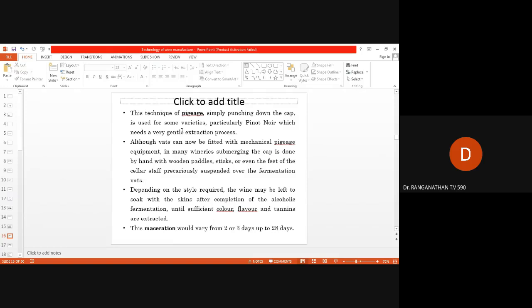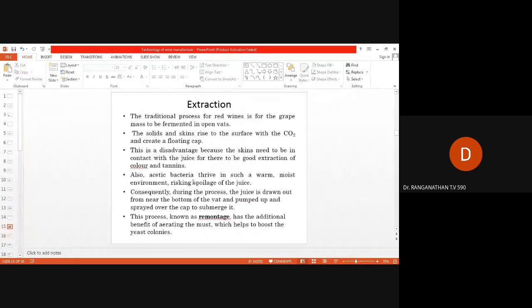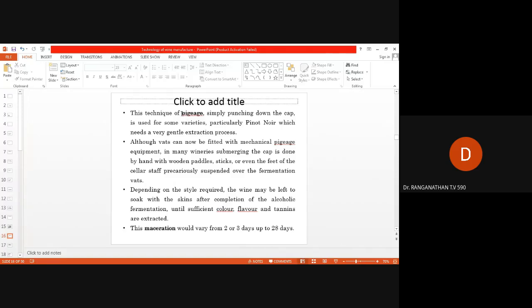Remontage is one method, that is, pumping from the bottom to the top and wetting, or recirculation in our conventional term. The second thing is pigeage. What is pigeage? As I already told you, I just pull down the lid.